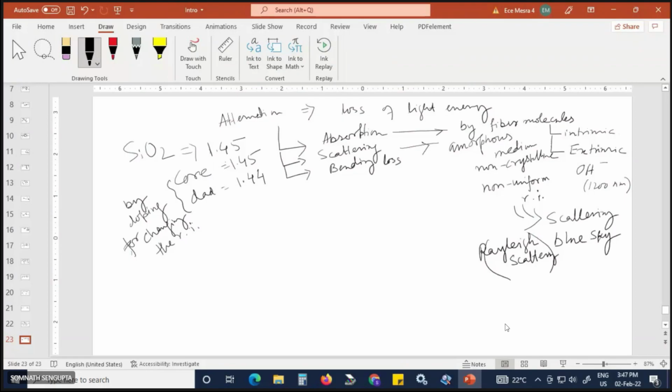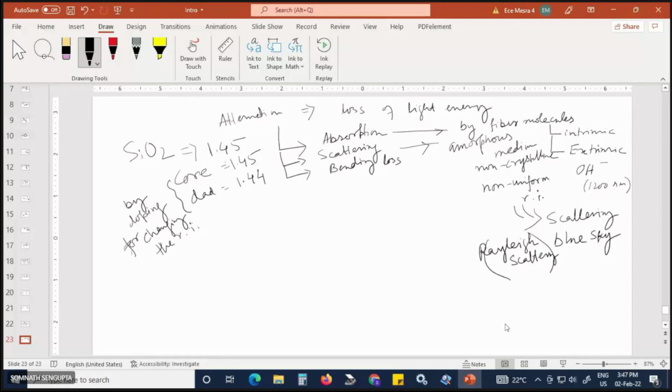Although in a step index fiber we say that the refractive index is uniform throughout the core, practically it is non-uniform. There is the slightest change. If it is the slightest change within the micrometer range, then also that particular wavelength will not be able to propagate. It will be scattered.